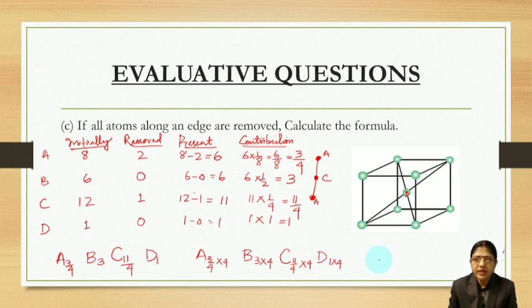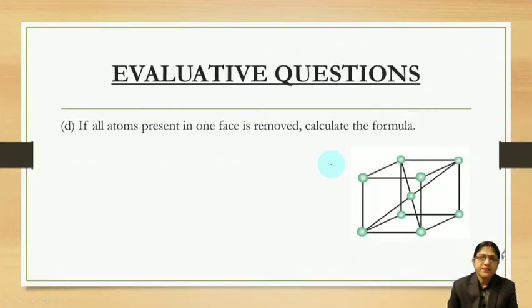So we will get the final formula as A 3, B 12, C 11, D 4. Right? In this way we calculate the formula of the unit cell.